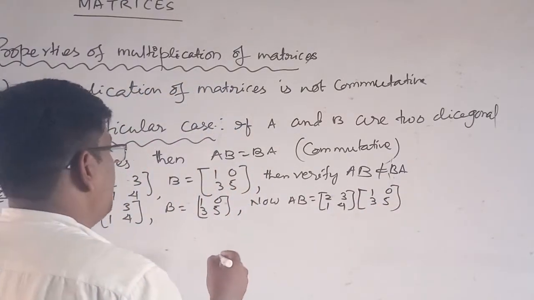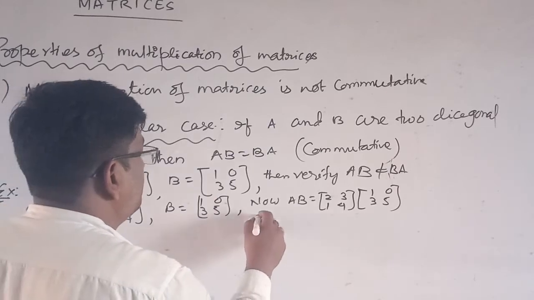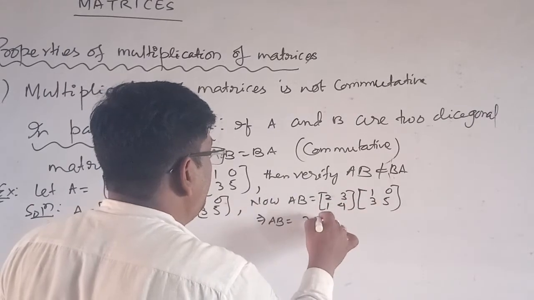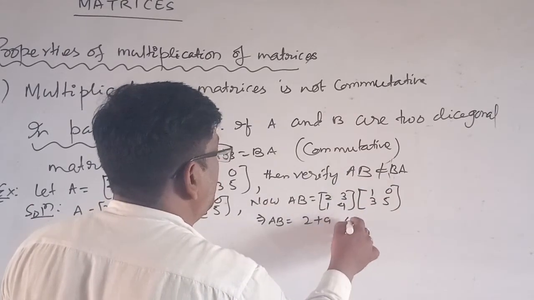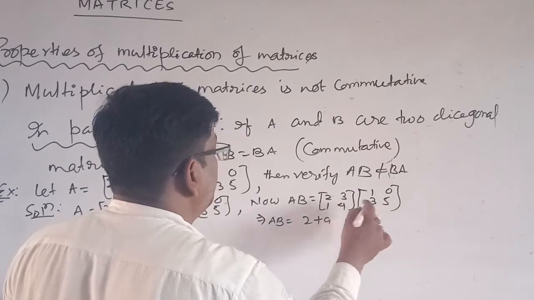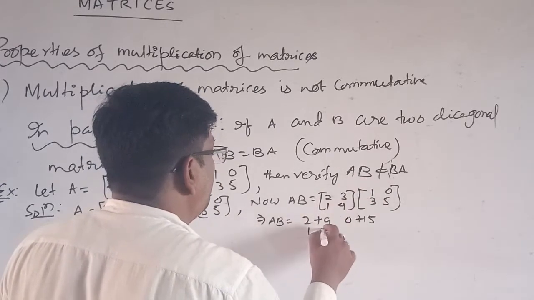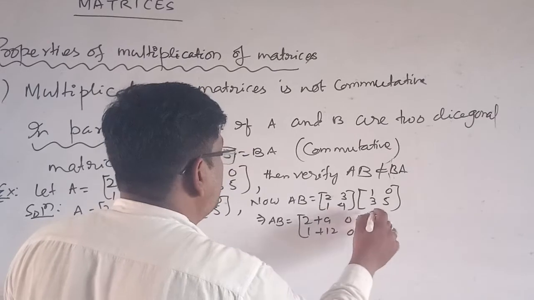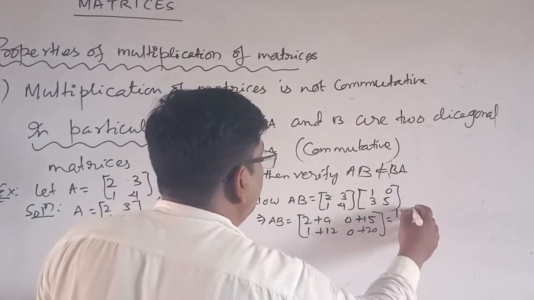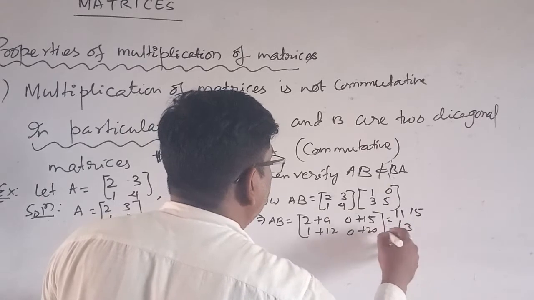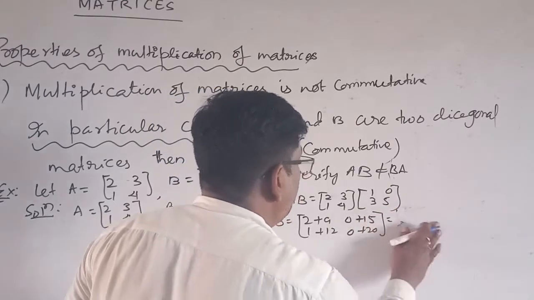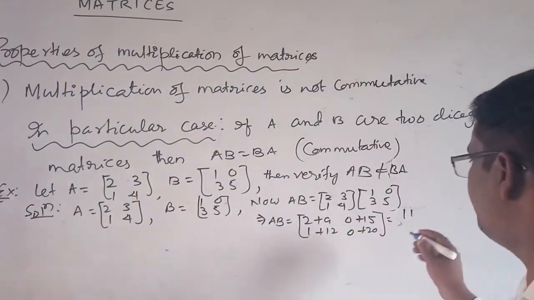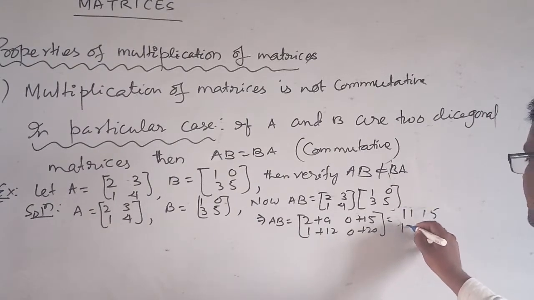So multiply this. 2 into 1, 2, plus 3 into 3, 9. 2 into 0, 0, plus 3 into 5, 15. 1 into 1, 1, 4 into 3, 12. 1 into 0, 0, 4 into 5, 20. So this is equal to [11, 15; 13, 20].